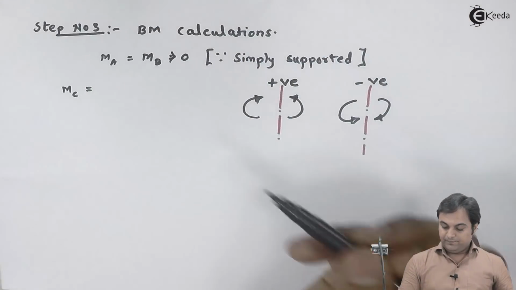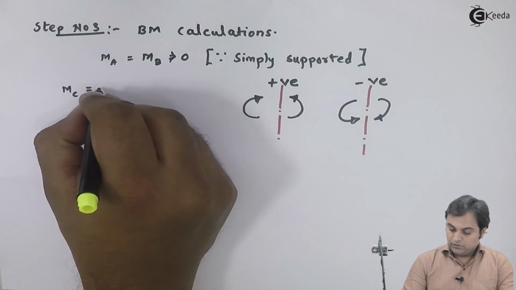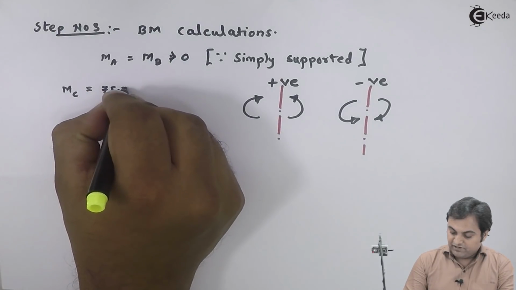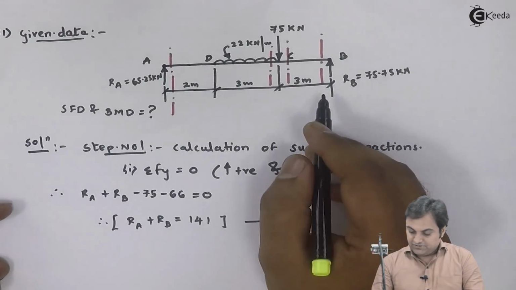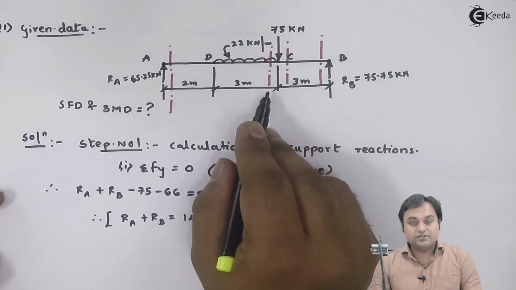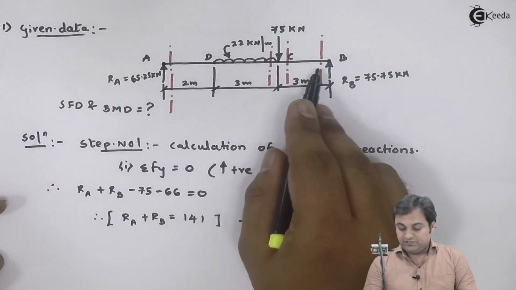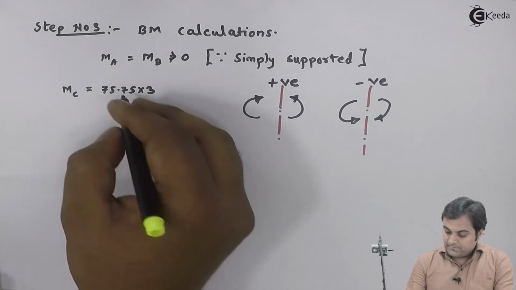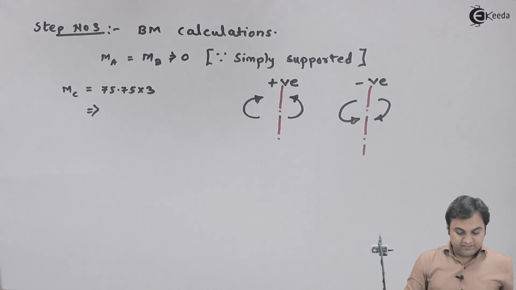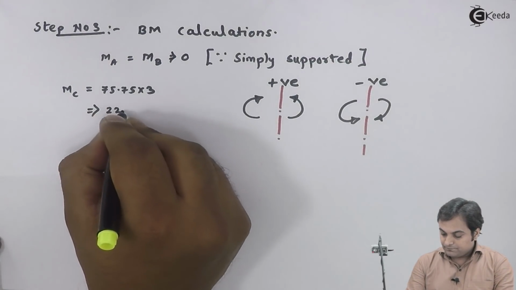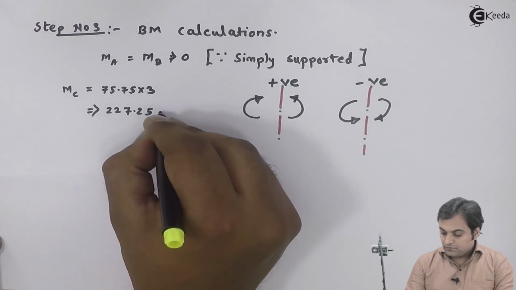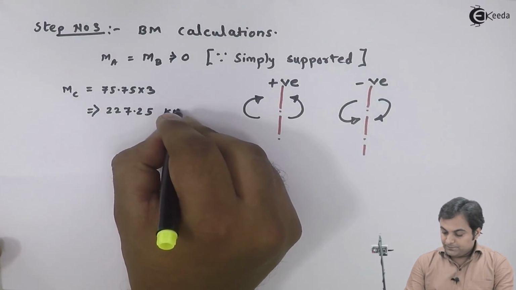So here I have moment at C is equal to RB, which is 75.75 into 3. The distance is 3 meters from point C, from B to C, that is 3 meters. Now the value of moment at C comes out to be 227.25 kilonewton meter.